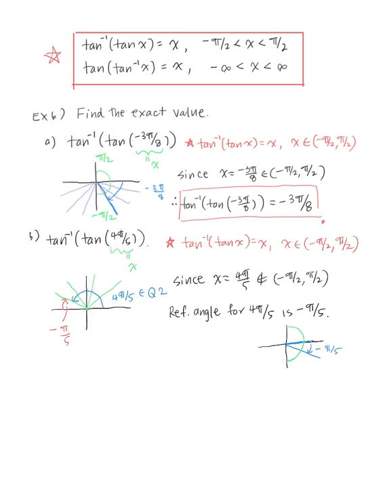So we're good to go. Therefore, tan inverse of tan of 4 pi over 5 equals tan inverse of tan of its reference angle.